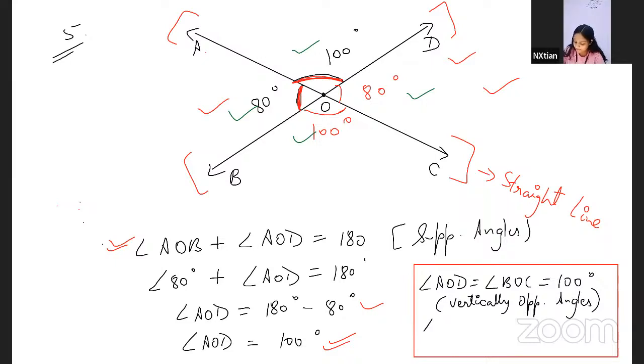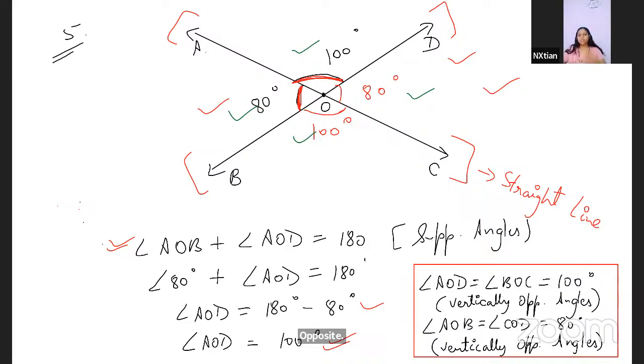And angle AOB equals angle COD equals 80 degrees, which is also vertically opposite angles. This is the first method that I showed, and this is the second method.